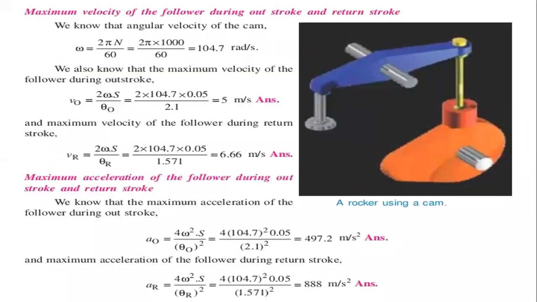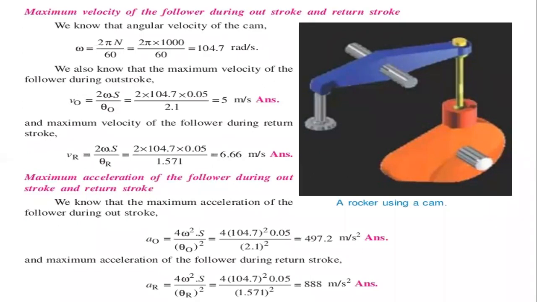Next we are going to find the maximum velocity of the follower during the outstroke and the return stroke, and the maximum acceleration of the follower during the outstroke and return stroke. First of all, we need to know the angular velocity of the cam. They have given the speed, that is n equal to 1000 rpm.